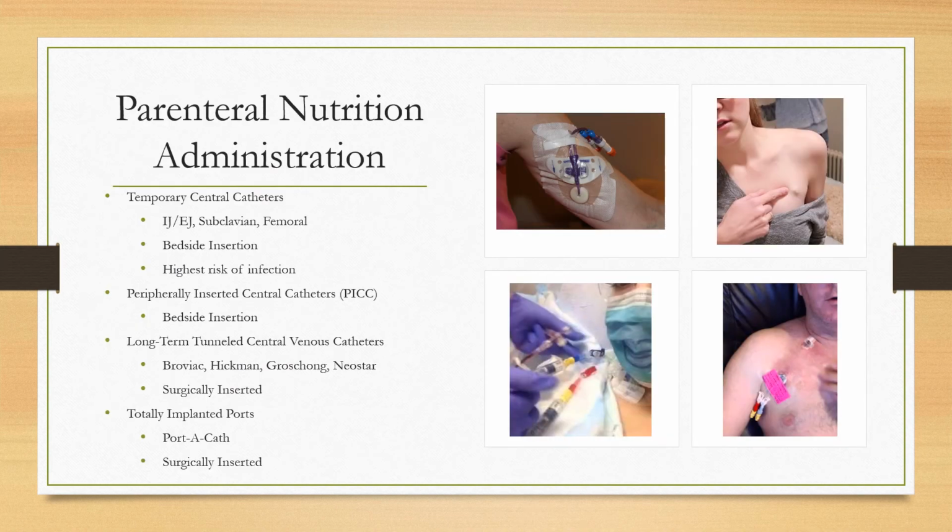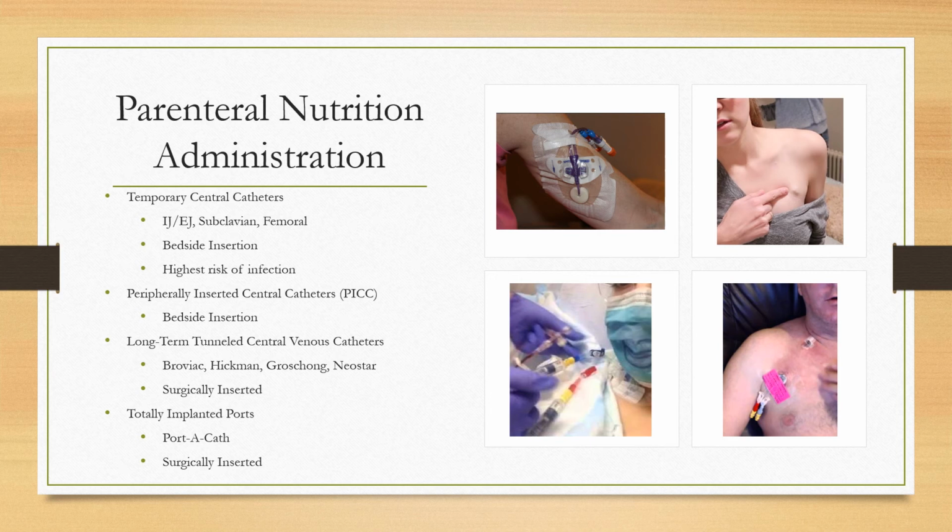Okay, this slide is just showing you different access points to administer TPN into the venous circulation. Temporary catheters, those are your central lines such as your internal jugular, subclavian, and femoral line. They're not really meant for long term, and they can be inserted at the bedside, but they have the highest risk for infection, right?